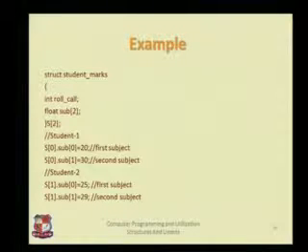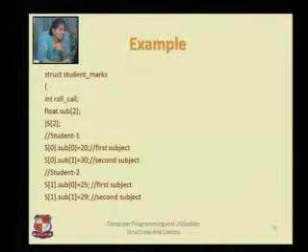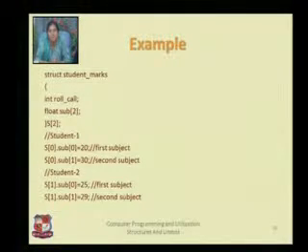Suppose I am initializing that value to 20. So that is the first student's first subject marks, and the second one is the first student's second subject mark, and then this one is for student 2. So that is student 2's detail, and the second student has first subject mark 25 and second subject mark 29.